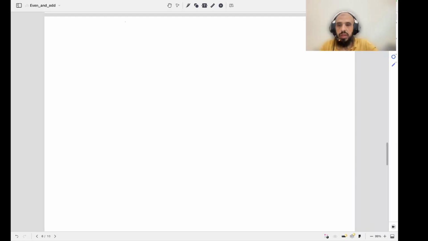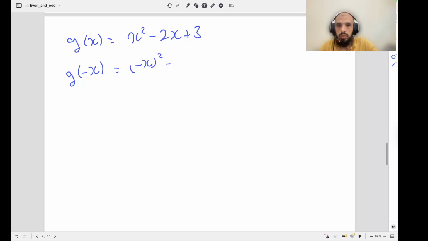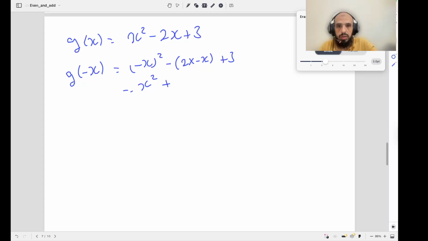Let's have another example. If g of x equals x squared minus 2x plus 3, let's check what g of negative x is. g of negative x equals negative x all squared minus 2 times negative x plus 3, which is equal to x squared plus 2x plus 3. To avoid confusion, this is a multiplication sign, not an x.